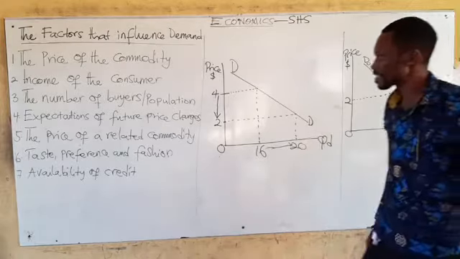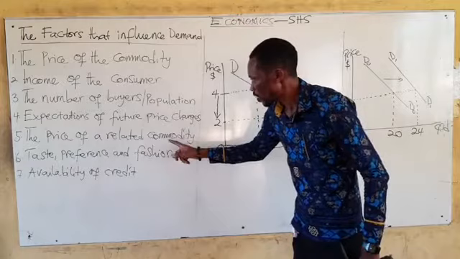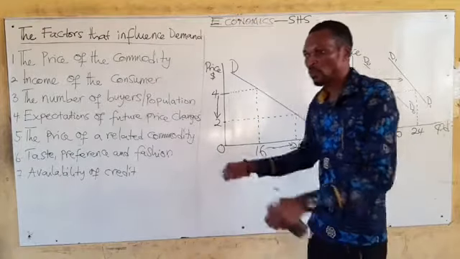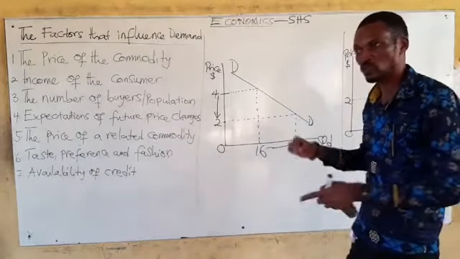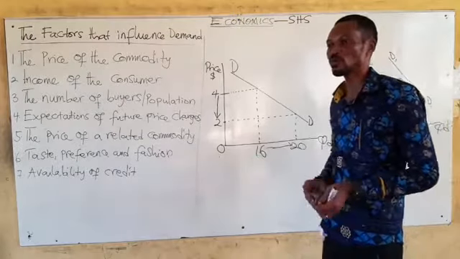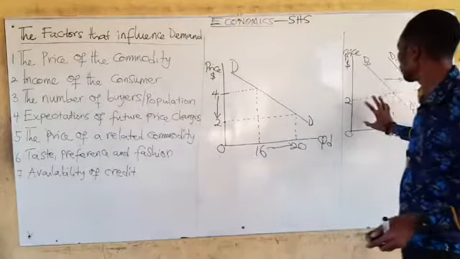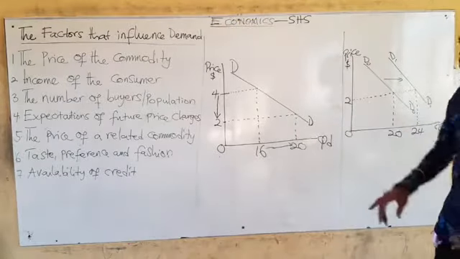Okay, in the case that the commodities we are talking about are what we call complements, that means they are used together. I don't want to go into details because we are going to treat that when we come to what we call types of demand, so that you don't miss the point over here. I will not go into details.